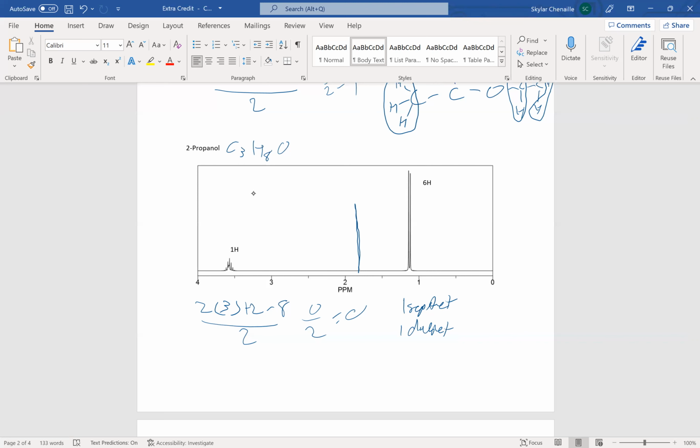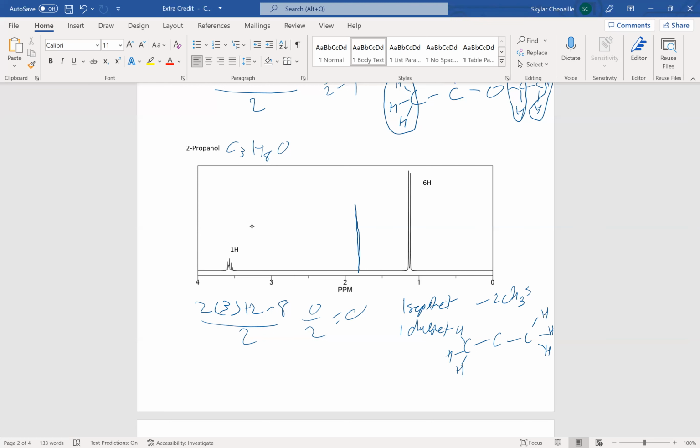Okay. So when we look at this, we know we have to have the septet. We know we have to have a doublet. So a septet indicates that we have 2 CH3 groups. Right, so that could be something like a carbon attached to 2 other carbons with 3 H's on each of them.